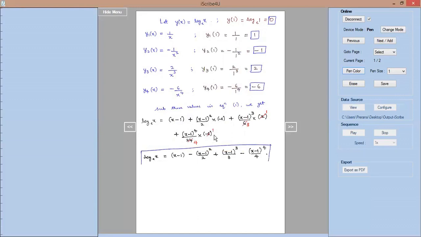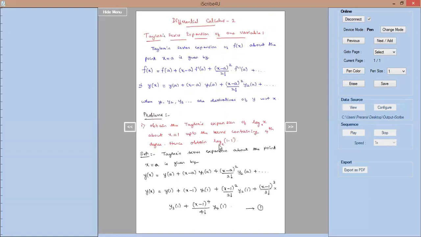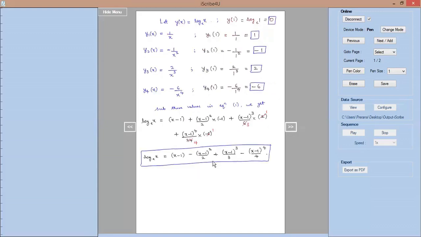Now in this equation, we have to substitute x is equal to 1.1 to find out log of 1.1 to the base e. So let us substitute log 1.1 to the base e. So substituting x is equal to 1.1, we can obtain an answer for log 1.1 to the base e. So in the RHS also, wherever x is there, substitute x as 1.1.